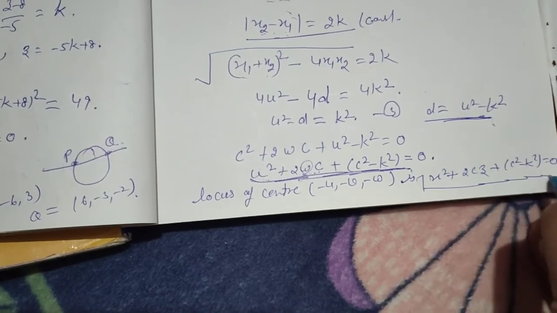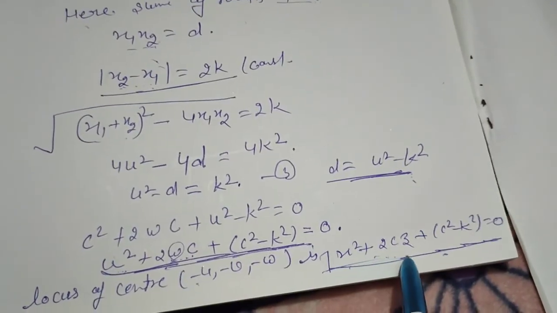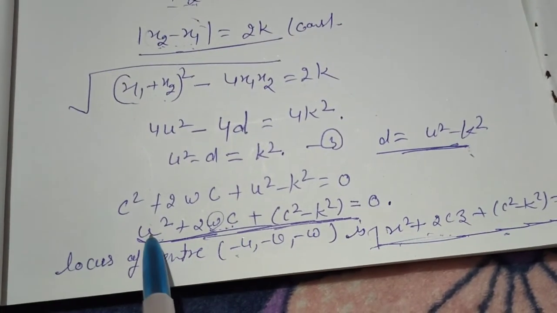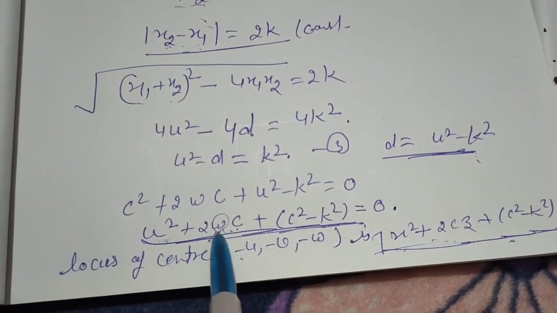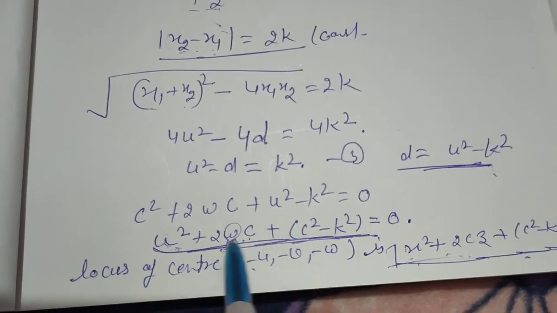This is the locus of the center of the sphere. Here u and w are the coordinates of the center, and so we find the locus of the center. Then u becomes x, w becomes z.